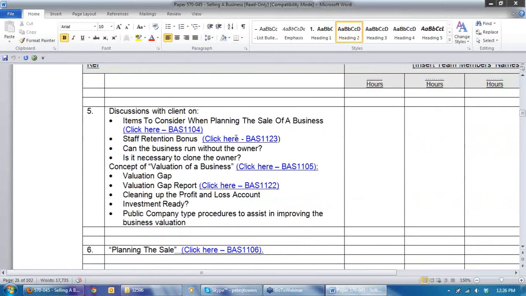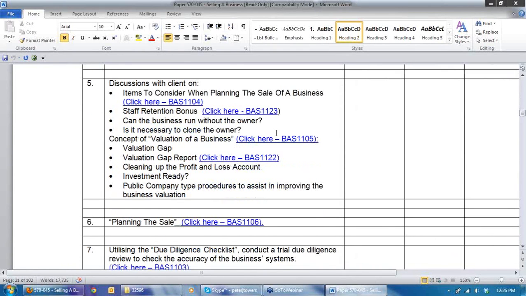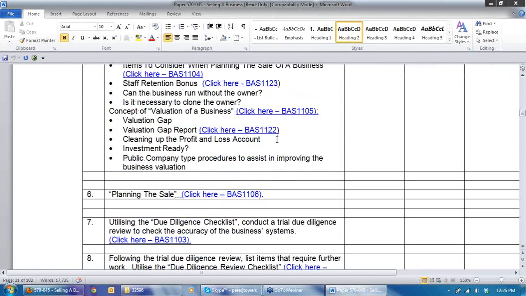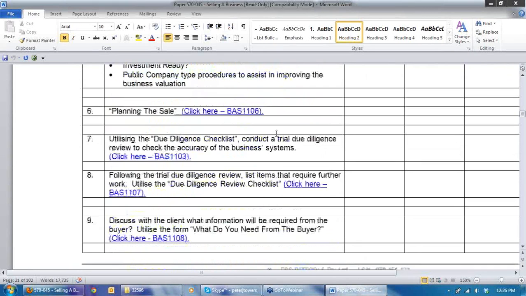And what we have in this sort of form is a listing of some of the work that you might undertake, and it's all linked back to the commentary within the paper, so that you have a very good idea of what that work entails.